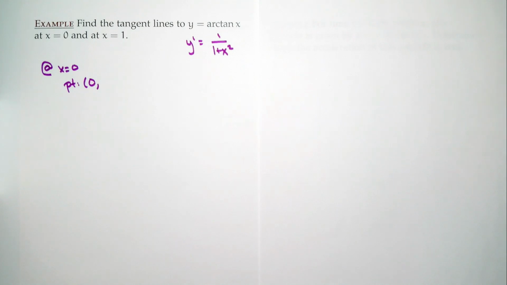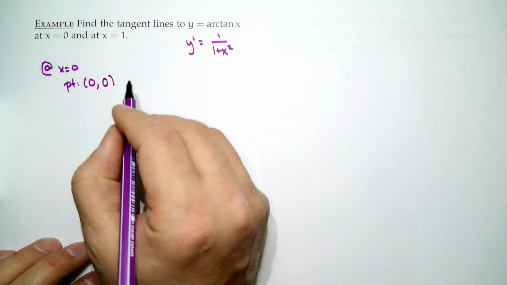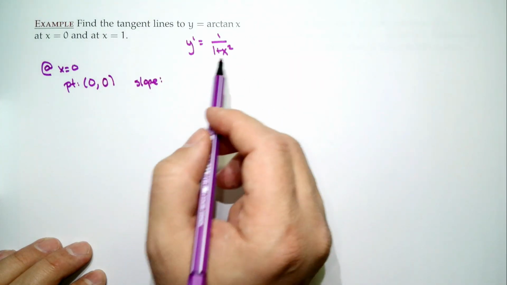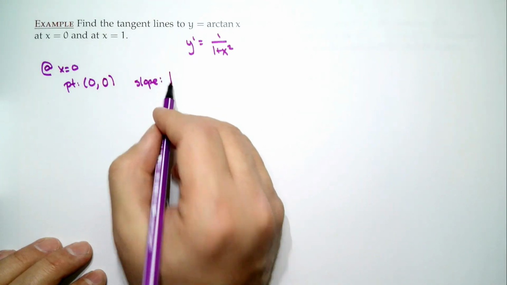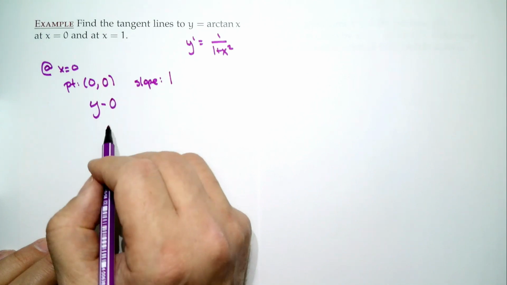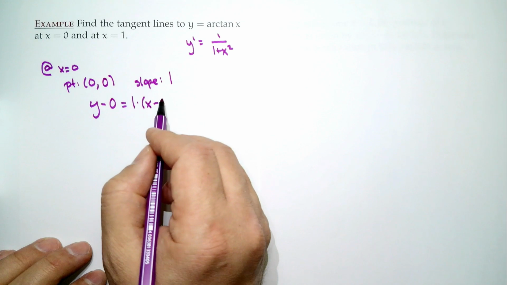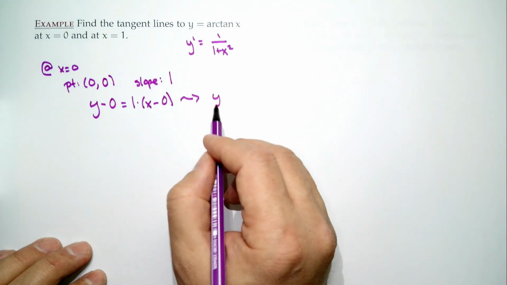That's not so bad. Well, what's our slope? Plug 0 into your derivative, and what do you get? 1. So y minus your y value, which is 0, is equal to 1 times x minus your x value, which is also 0, or you end up with y equals x.